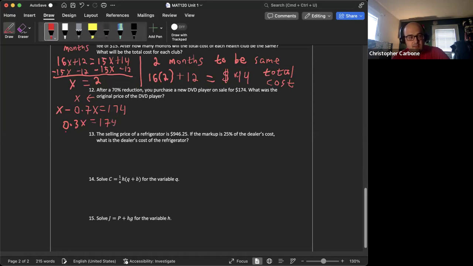And then we're going to divide by this 0.3 on both sides. So x would be whatever 174 divided by 0.3 is, which in this case makes $580.